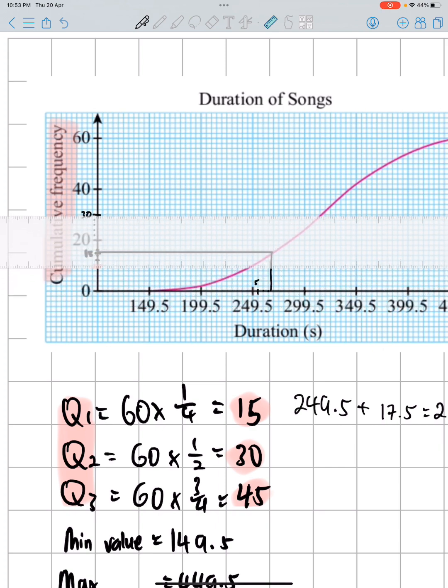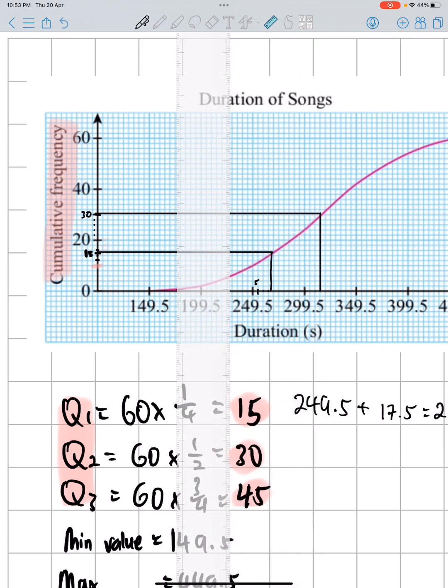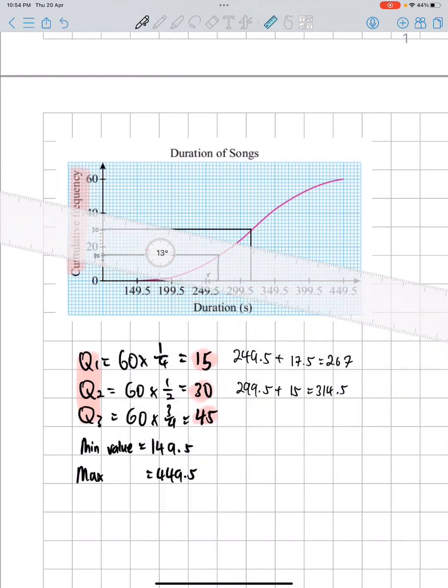So 30 is on the line, so we can just find it. 299.5 plus 5 plus 5 plus 5. So 299.5 plus 15 equals 314.5. The last one, 45.